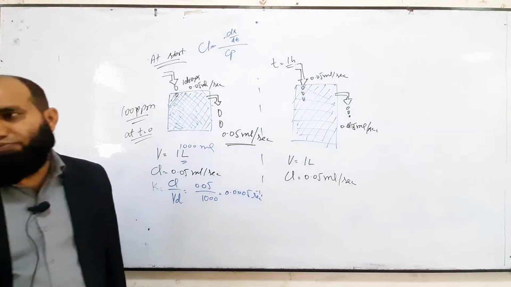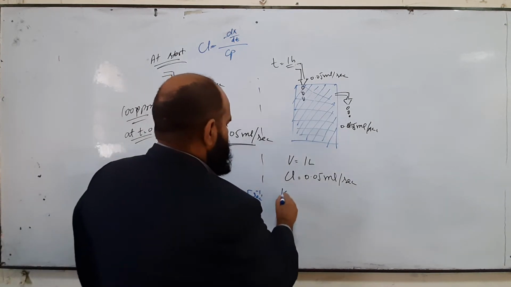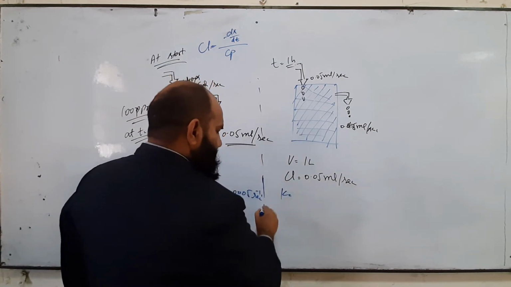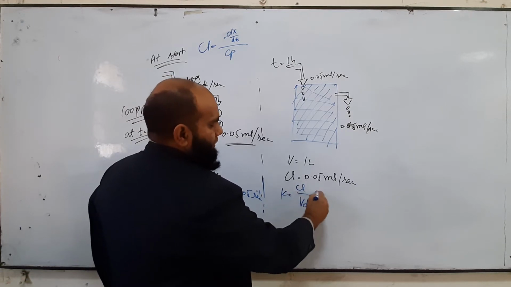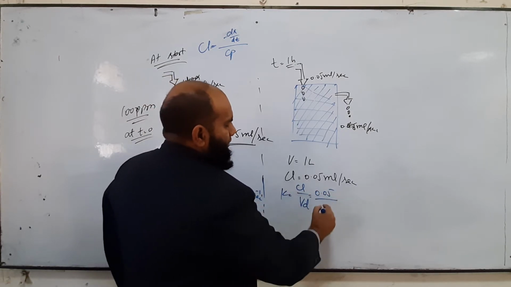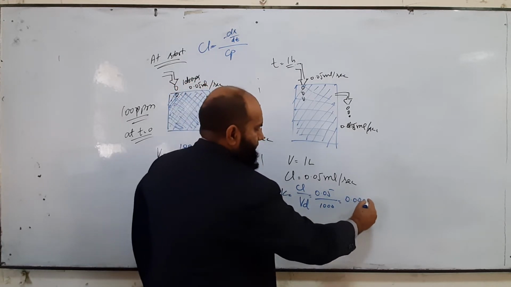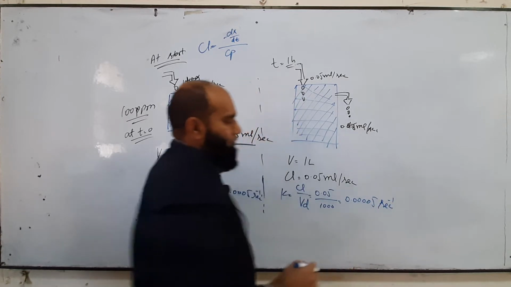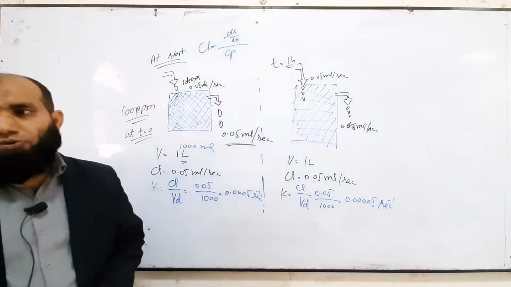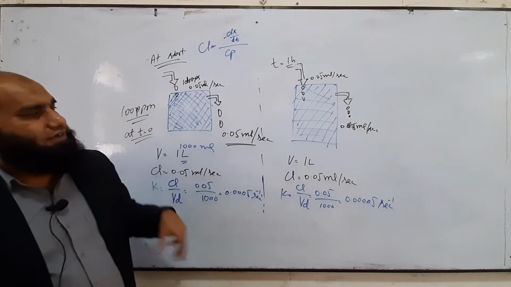Coming here, K is equal to clearance over VD, so clearance is 0.05 ml and here it is 1000. The answer is the same, 0.00005 per second.